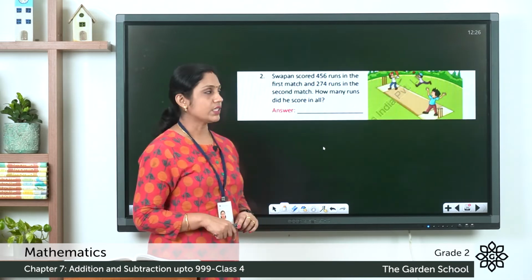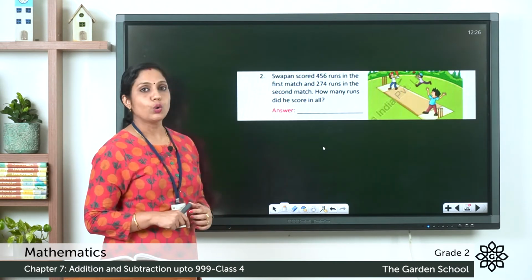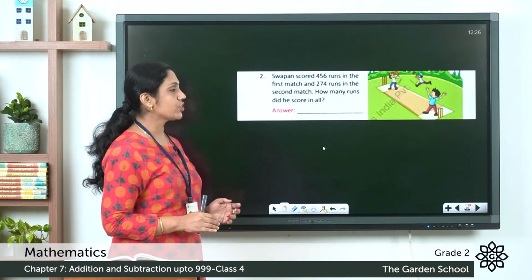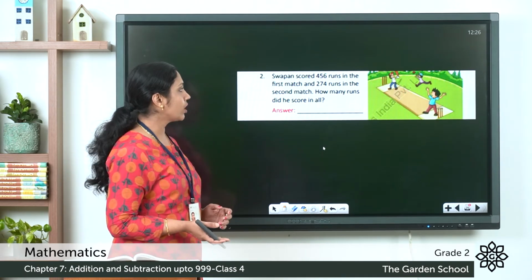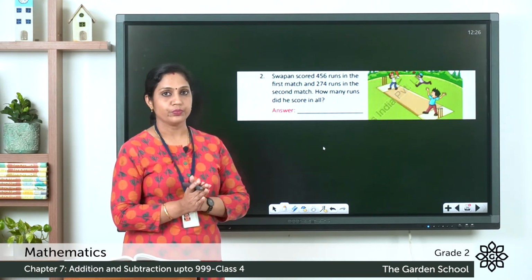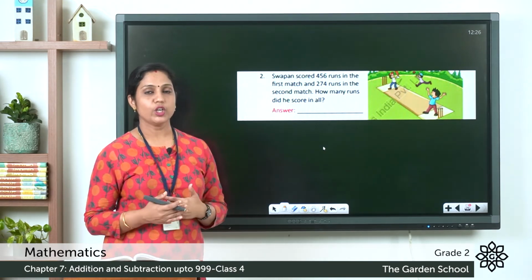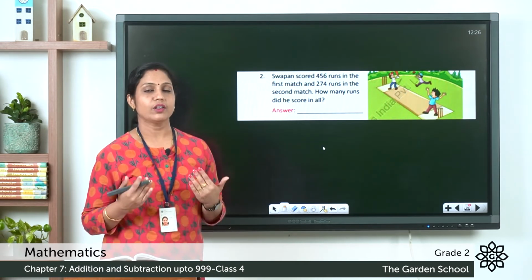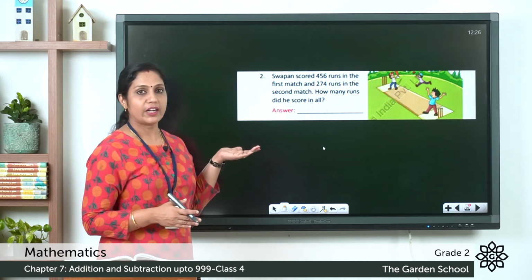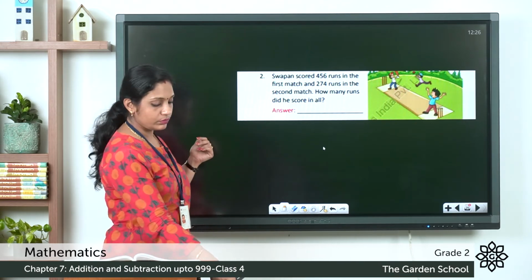The second question, Swapan scored 456 runs in the first match and 274 runs in the second match. How many runs did he score in all? So these questions you can write down in your notebook and write the steps for that in the notebook. So how can we write the steps for this?